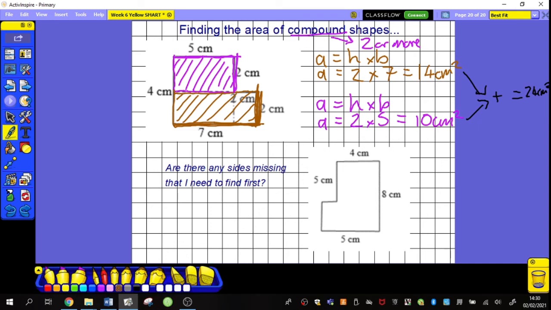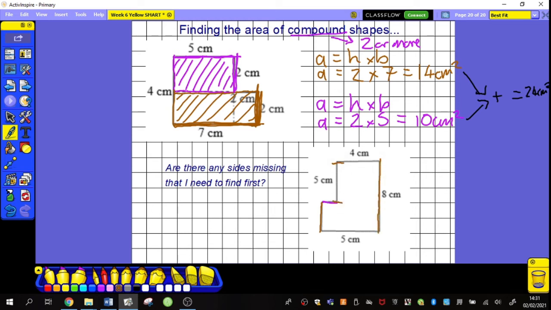Now I can see here on my shape that I am missing the length of that side, and I am missing the length of this side, because I might need those sides in order to find my area. Now I did go through a similar thing when you were looking at perimeter, how to find those sides. So to find my brown side here, I know that the whole top to bottom is 8 centimeters.